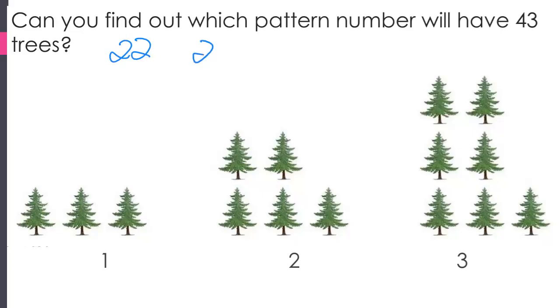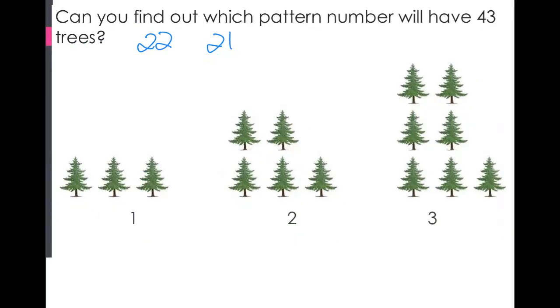I saw a number of this. Did I see any other numbers? So how would we figure this out? What's the pattern going on here first? Because we've had this pattern before.